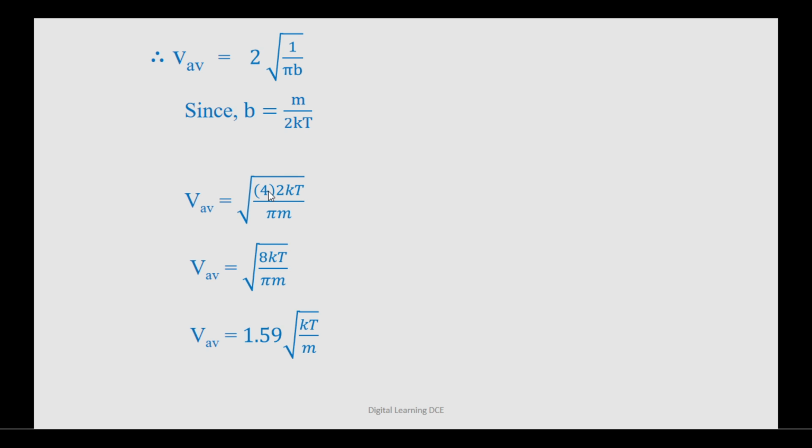On substituting the value of b, finally we get V average equal to the square root of 8kT by pi m. On simplifying, the square root of 8 by pi is 1.59, so V average is 1.59 times the square root of kT by m. This equation represents the average velocity of gas molecules.